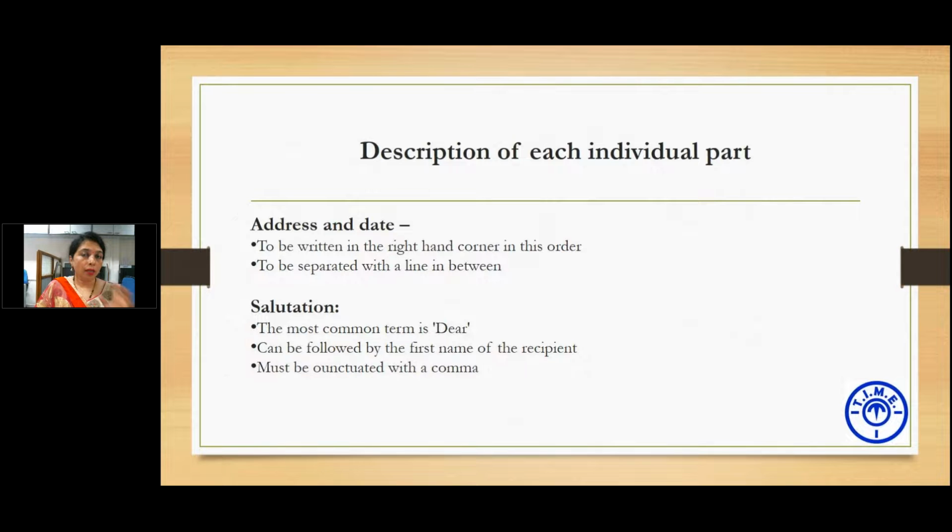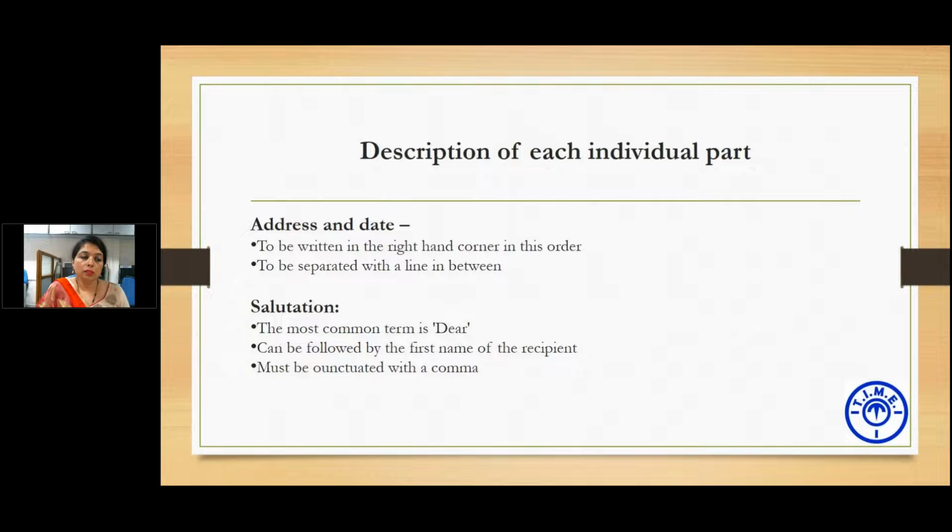You don't here have to write anything else. Salutation, the most common term is dear, because anybody whom you know can be addressed as dear. Dear brother, dear sister, dear friend, dear papa, dear mama, or anybody else.